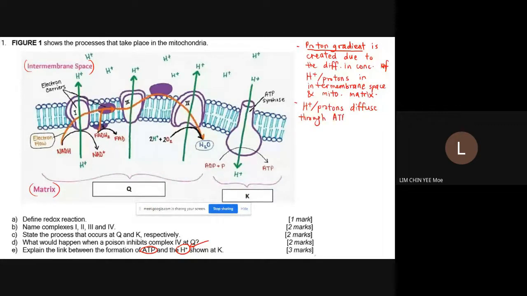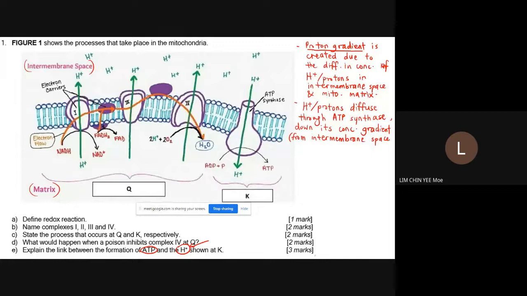Okay, kena bagi tahu dulu. Protons diffuse through ATP synthase down its concentration gradient. And if you want to be more specific, you boleh bagi tahu from intermembrane space to mitochondrial matrix.